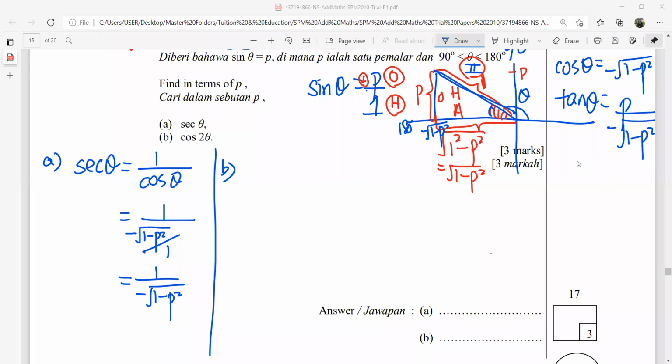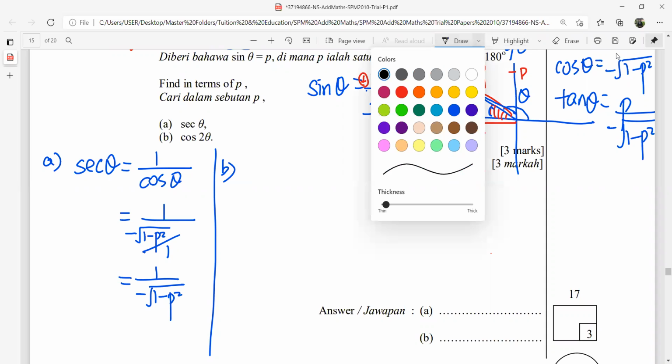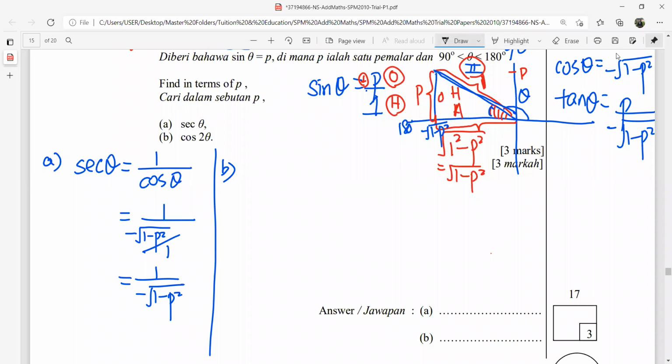So it can be positive also, right? Because of quadrant 1. This one only sine is positive. Remember, I always teach my students to remember forever: All Students Take Calculus. Only sine is positive here. So that means this one you see got negative, you see the answer.